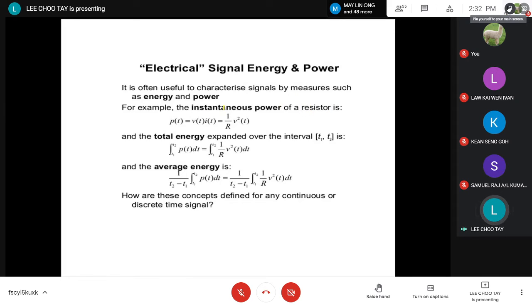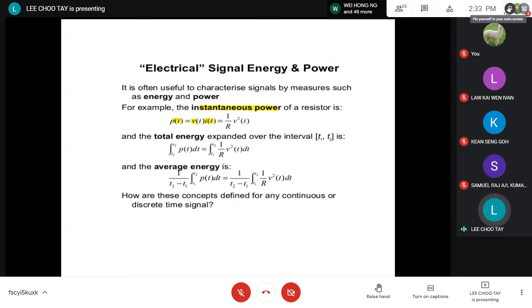This is called instantaneous power, meaning the power at time t. Again, this is something you learn from year one. P is equal to VI, right? It's the product of the voltage of the signal at time t and the current produced by the signal at time t. This is the current flowing through the resistor and the voltage that we measure across the resistor.